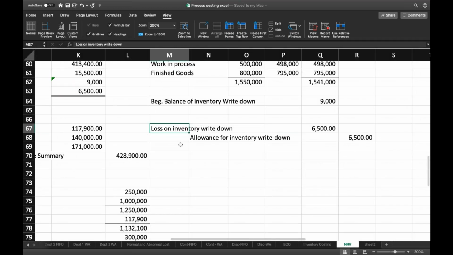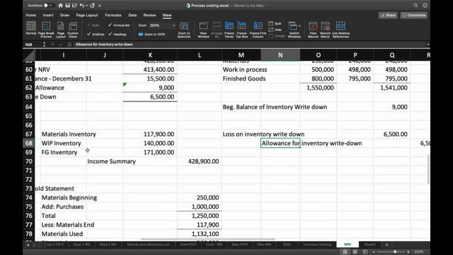Okay? Ito yung kakaiba sa kanya sa allowance method. We have this account, debit, loss on inventory write-down, credit, allowance for inventory write-down. The allowance for inventory write-down is a contra asset presented in the balance sheet as a deduction to our total inventories. So pag tinotal mo yan, minus ito, you will still arrive at the lower of cost or NRV.